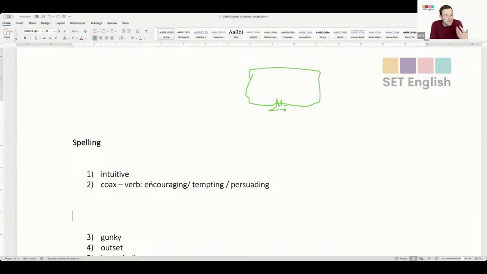So coaxing is this idea of encouraging, tempting, persuading someone in a gentle way. Not always, but it is often a gentle thing. When you coax, it's quite a delicate, soft experience.